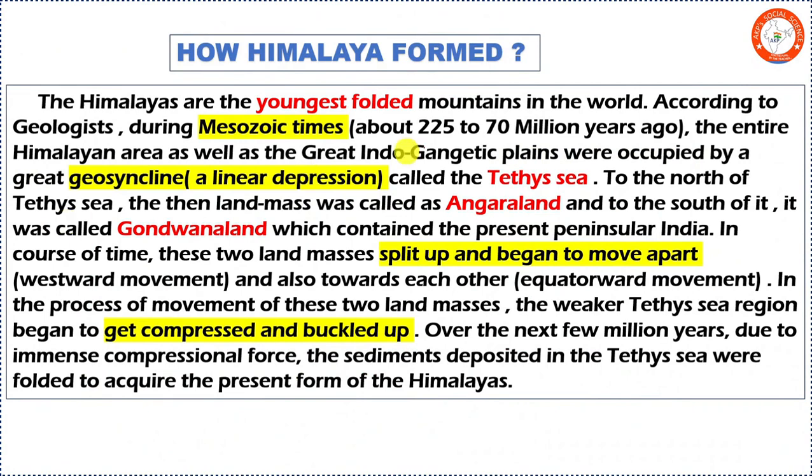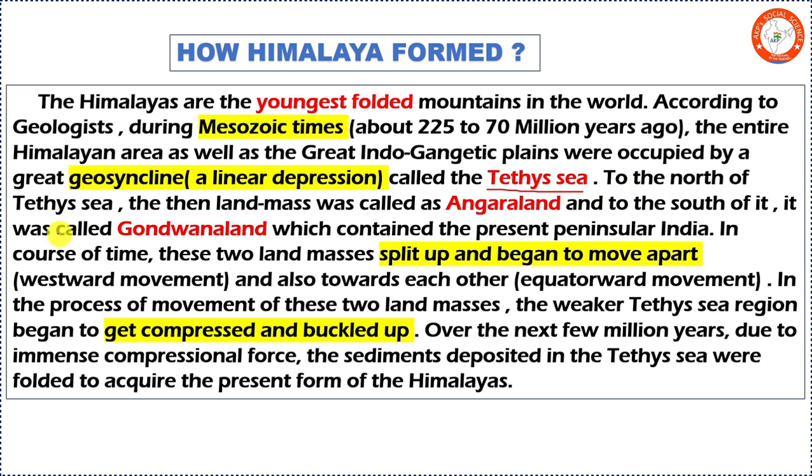Now, how were the Himalayas formed? The Himalayas are the youngest folded mountains in the world. According to geologists, during Mesozoic time, about 225 to 70 million years ago, the entire Himalayan area as well as the great Indo-Gangetic plains were occupied by a great geosyncline, a linear depression called the Tethys Sea.